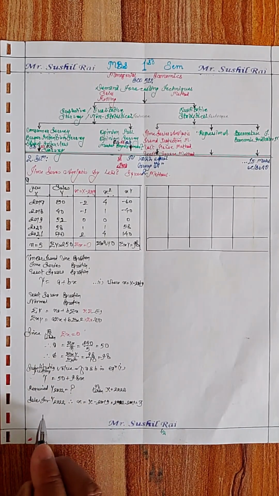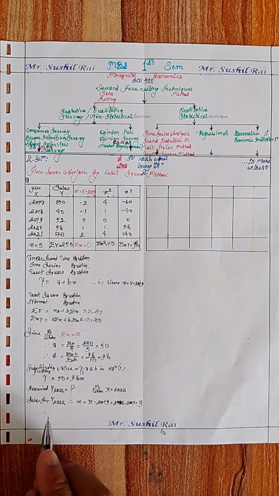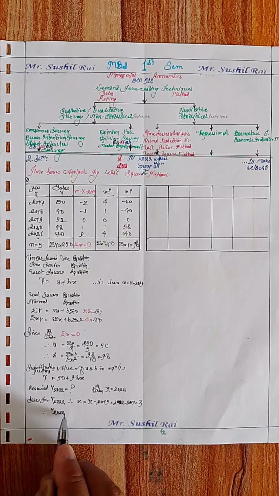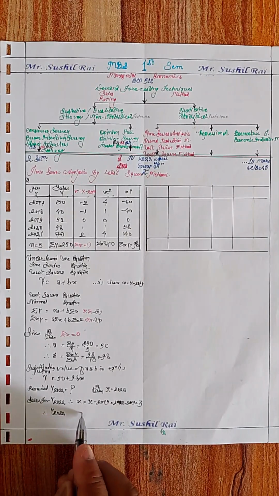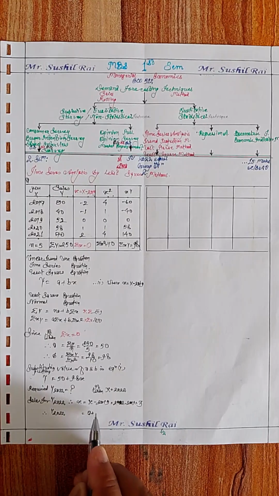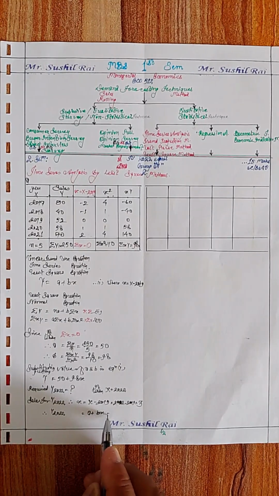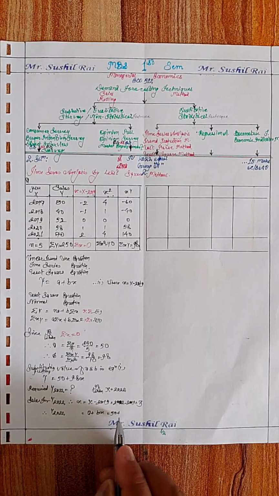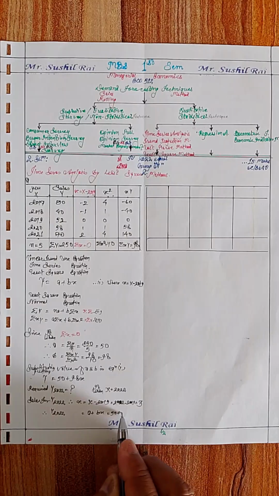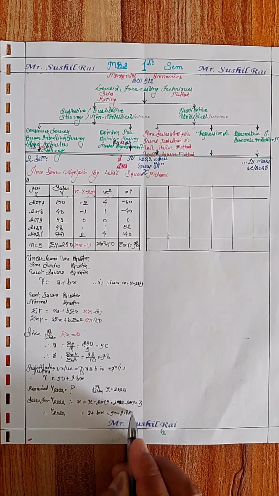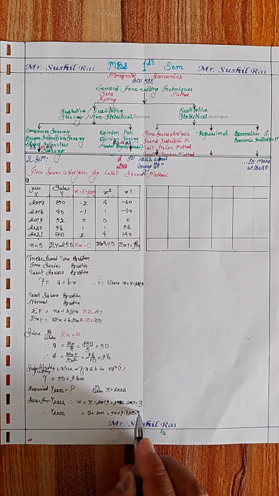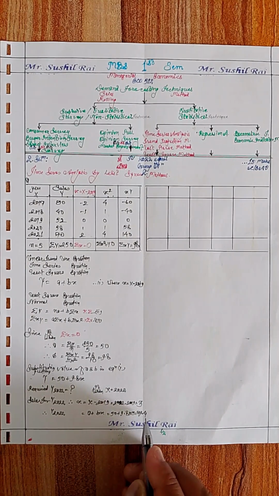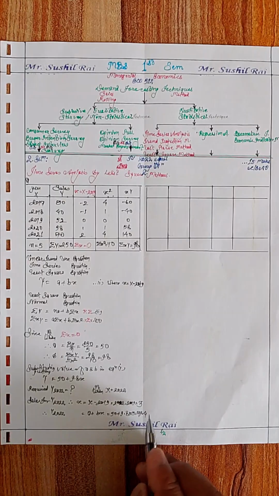Therefore Y 2022 is equal to a plus bx, 50 plus 9.8 times 3, equal to 79.4 thousand 100 units.